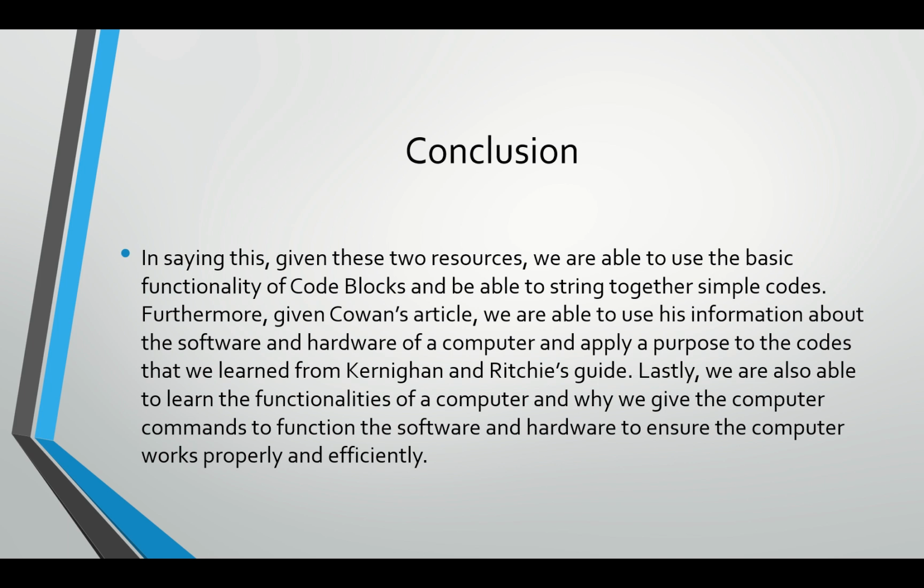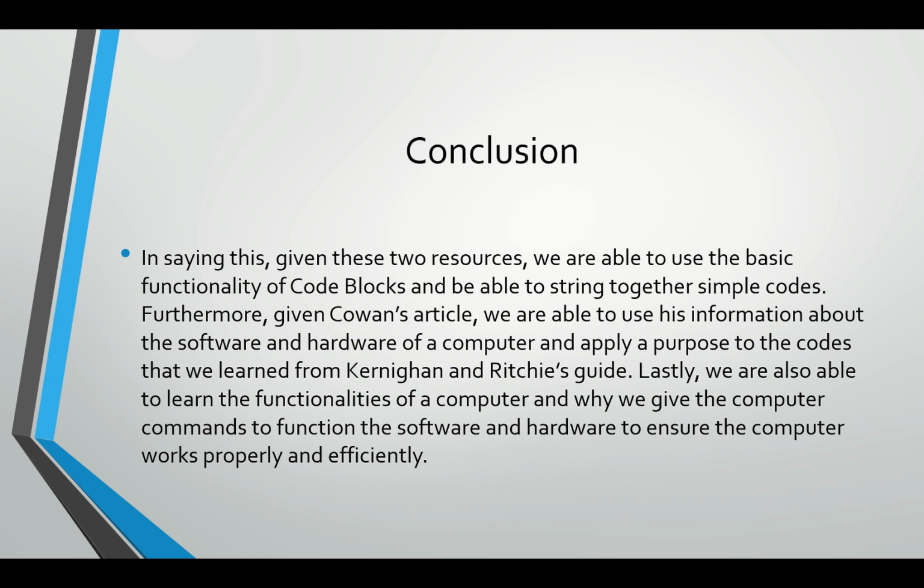So, in conclusion, given these two sources, we're able to use the basic functionality of CodeBlocks and be able to string together simple codes. Furthermore, given Cohen's article, we're able to use this information about the software and hardware of a computer and apply a purpose to the codes that we learned from Kernighan and Ritchie's guide.